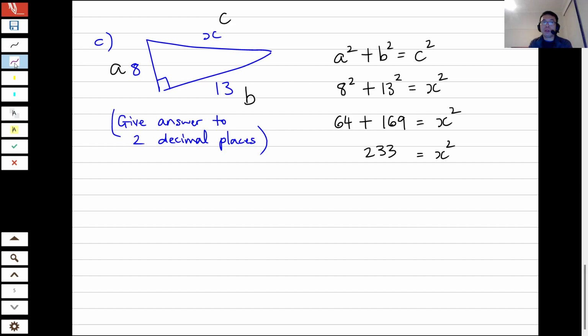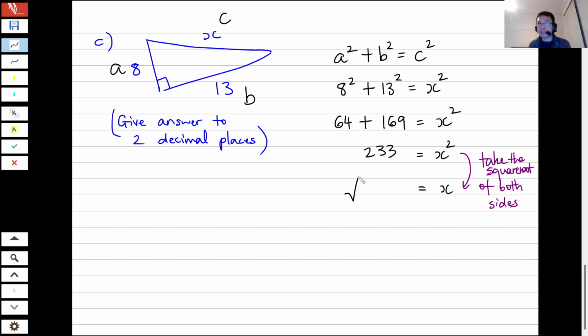Now, what did we do to go from x squared equals some number to x equals some number? The step was to take the square root of both sides. You don't have to actually write that, but I'm showing that here to make it really clear for those of you who are seeing this for the first time.